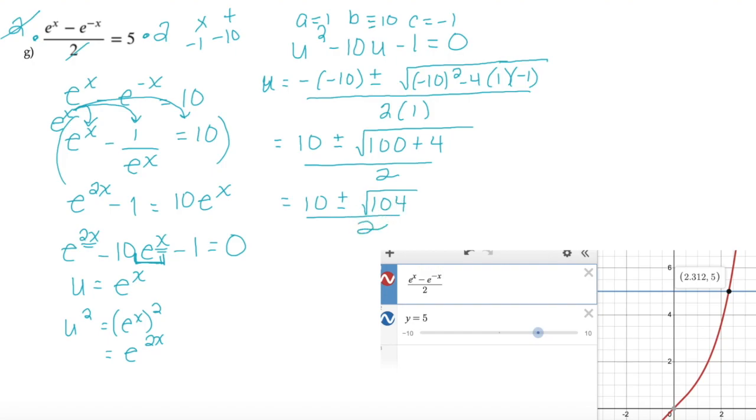104 can be simplified into 4 times 26 because we can take the square root of 4. So 10 plus or minus 2 square root 26 over 2. They have a factor of 2 so that I can help eliminate the denominator. So 2 times 5 plus or minus the square root of 26 over 2.